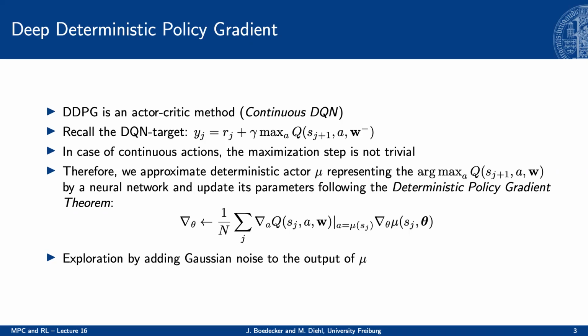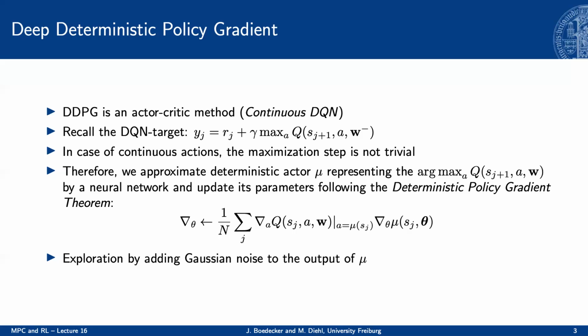And mu, of course, depends directly on the policy parameters theta. So we have the gradient with respect to theta of this mu, the actor, in this given state s_j, which we sum over here. So the policy gives us an action.